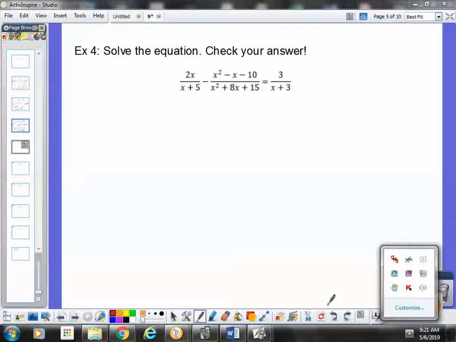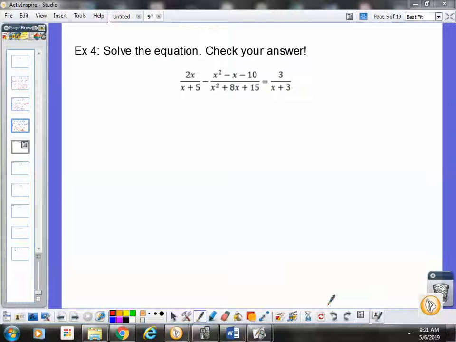I want to figure out what values of x will make the denominator 0. Well, with the first term, what's going to make the denominator 0? Negative 5. The last term? Negative 3. So I know that x cannot equal negative 5 and x cannot equal negative 3.